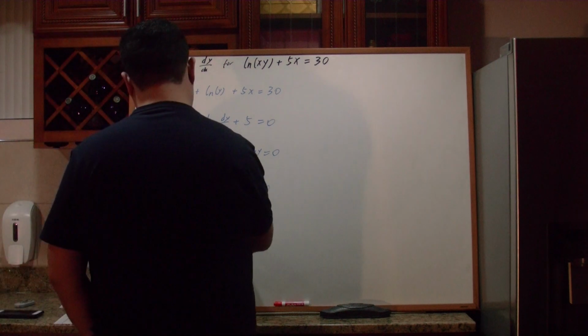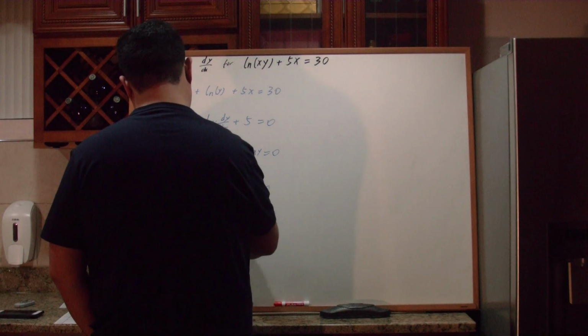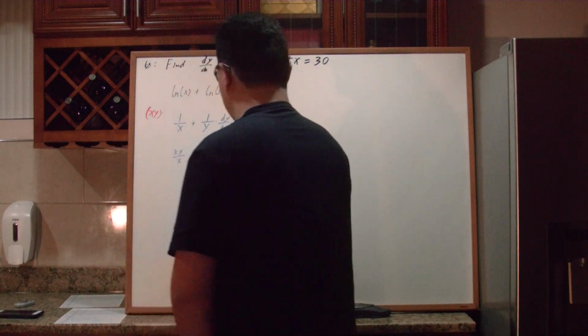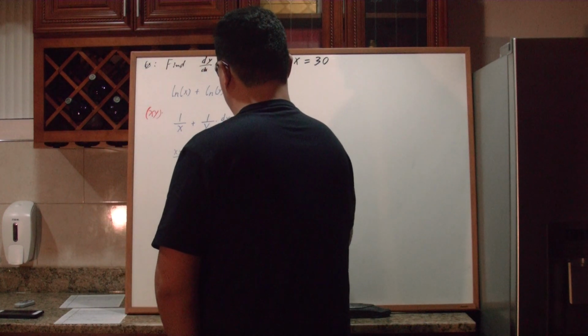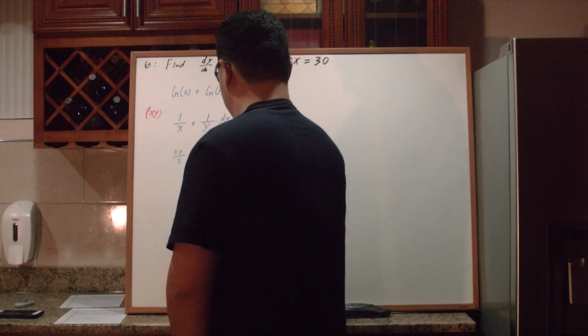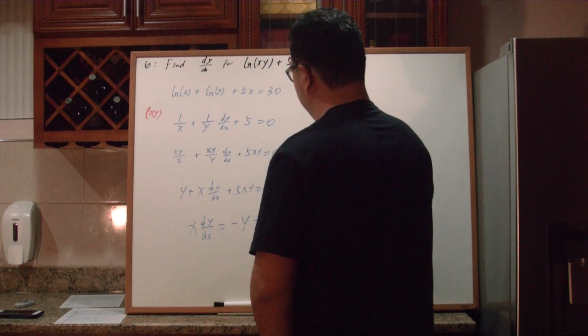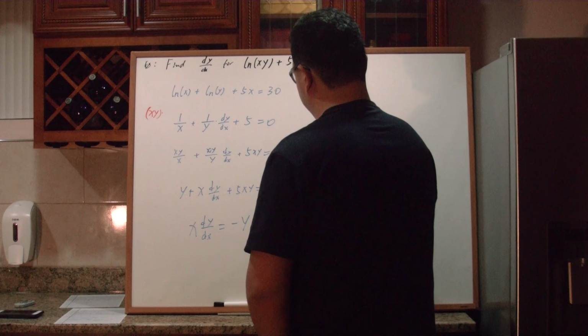So the only term that has dy dx is the middle term, then everything else moves to the right side. That is negative y, negative 5xy, which, if we factor out negative y, is 1 plus 5x.